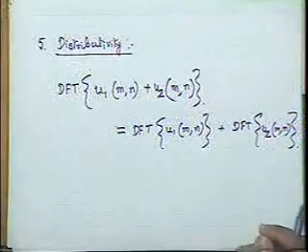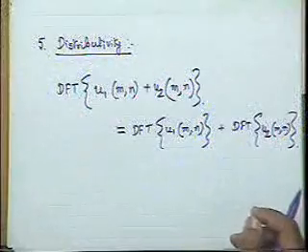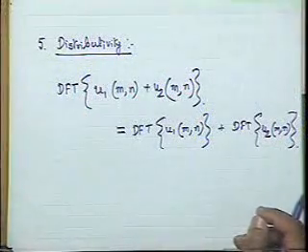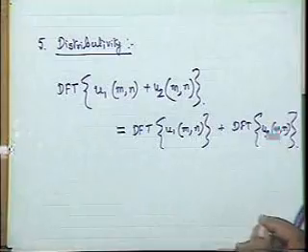Now I can consider an image where I have made some scaling in the spatial directions. The spatial directions are m and n, and in that I am doing some scaling.